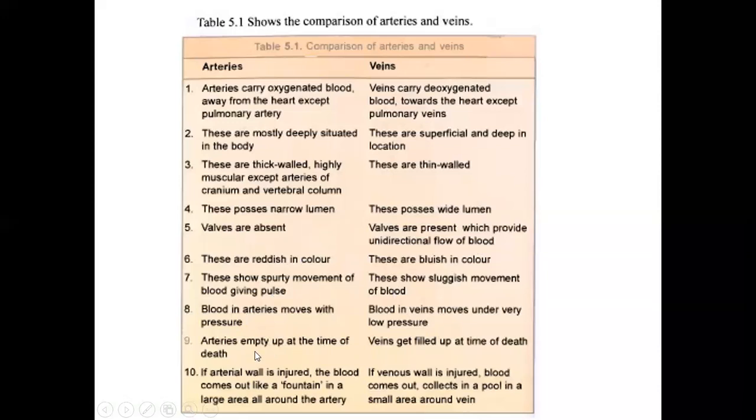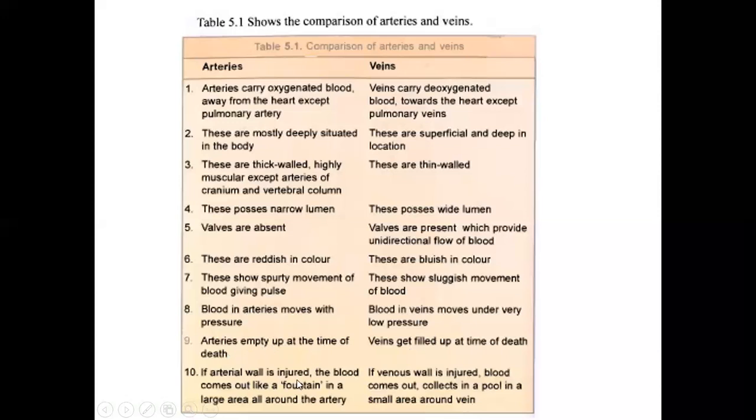Now the arteries empty at the time of death. Veins get filled at the time of death, because at the time of death there is sympathetic activity. As you know, the sympathetic system supplies the arteries, so it causes vasoconstriction that empties the blood into the veins.